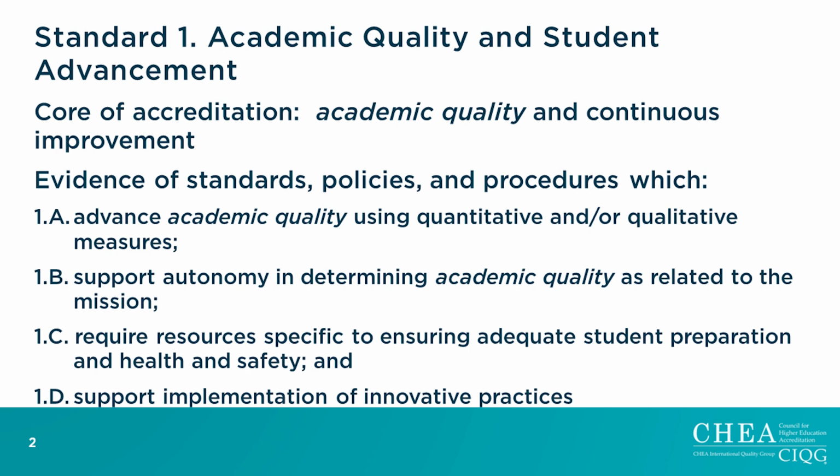To be recognized, the accrediting organization provides evidence that it implements and enforces standards, policies, and procedures which advance academic quality using quantitative and/or qualitative measures, detail how it supports the autonomy of an institution or program in determining academic quality as it relates to the mission of the institution or program, require resources specific to ensuring adequate student preparation and health and safety, and support implementation of innovative practices.